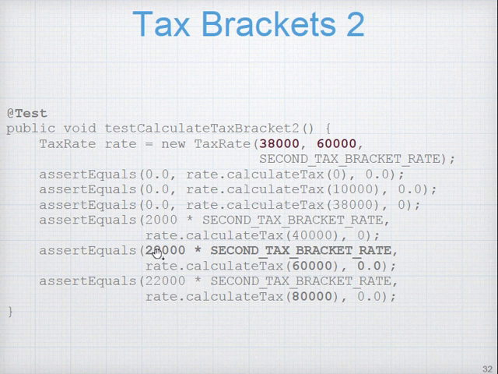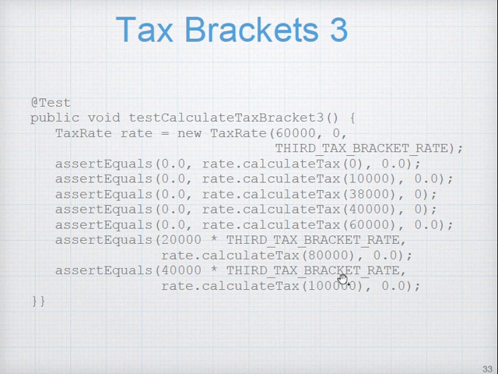That's why the last and the second last have the same result of 22,000 times the second tax bracket rate. And tax bracket 3 is also very similar.